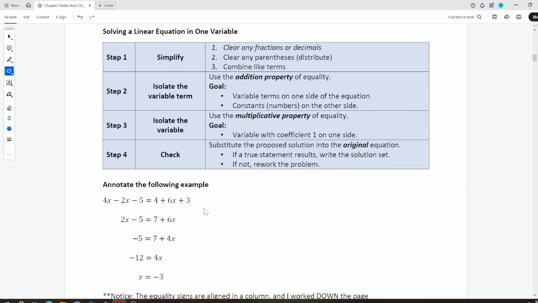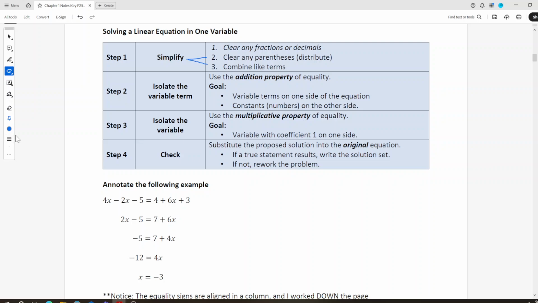All right, I have 4 steps here on how to solve a linear equation in one variable. Step 1 is that you always want to simplify first. This can involve clearing fractions or decimals. Now this is in italics because we're not going to do this for a little bit. So for right now, it can involve clearing any parentheses and combining like terms. This is how we simplify a linear expression.